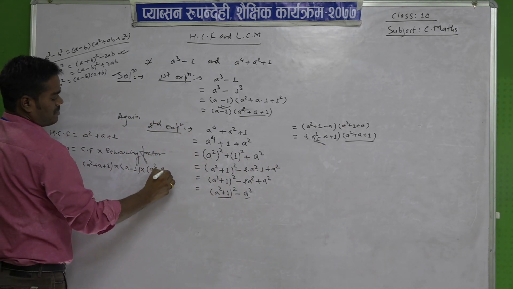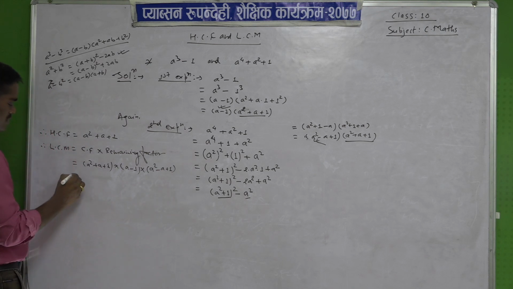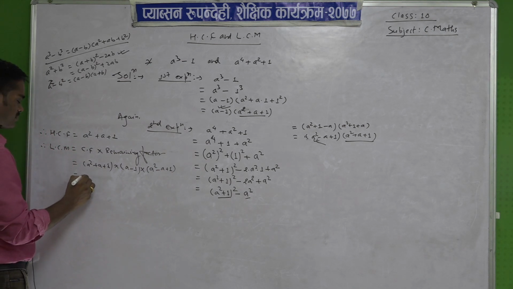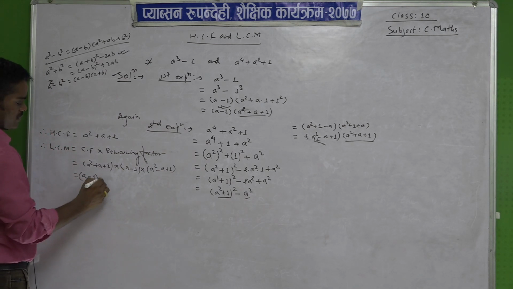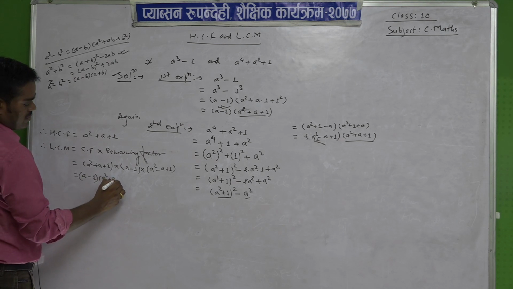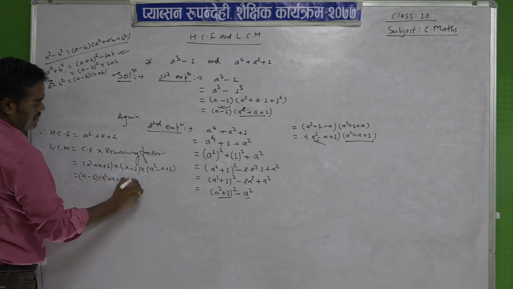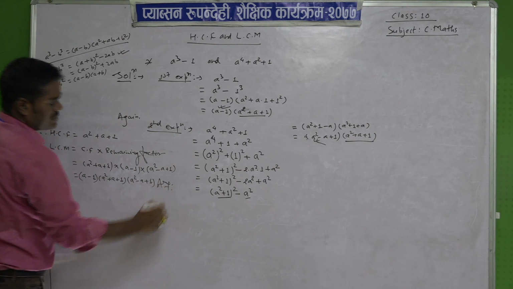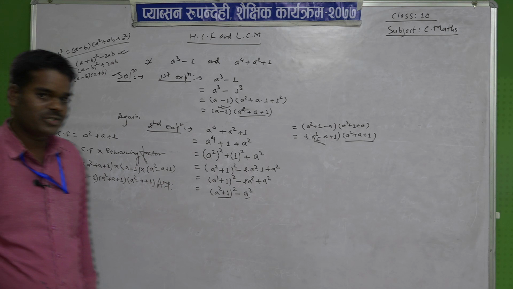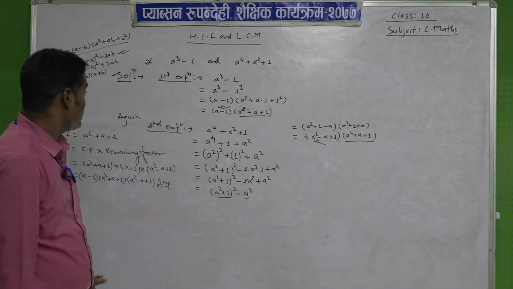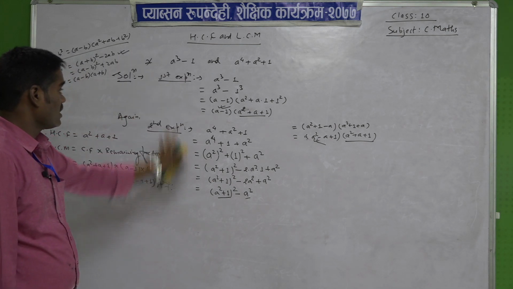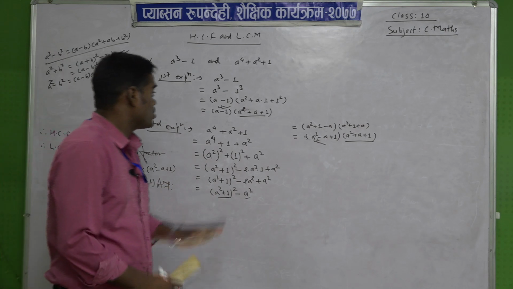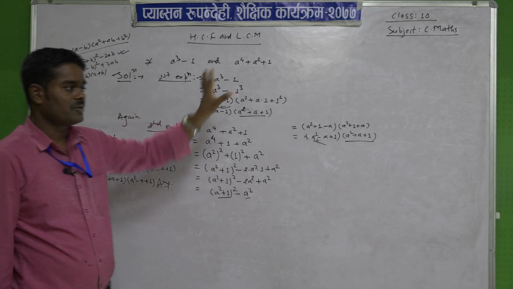So a square minus a plus 1. So you can write like this, a minus 1, a square plus a square minus, this is the answer. Any confusion, my dear students? I think there is no confusion. So this is the solution of this question.